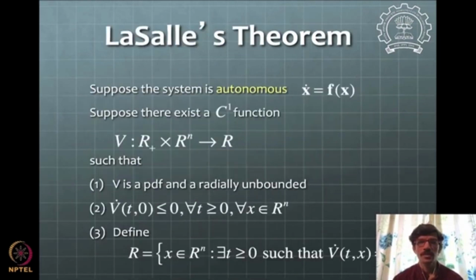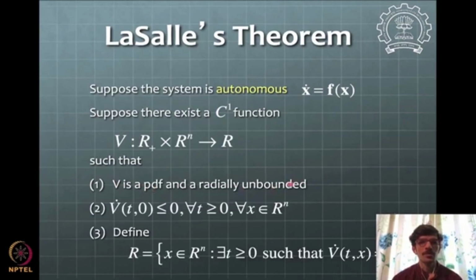What this theorem is telling us is given here. Suppose the system x dot is equal to f of x is there. Now see the t is removed here, so this system is autonomous. There is no explicit time dependence happening here. So the system is x dot equal to f of x only, and there exists this function, which is again our Lyapunov function candidate, and this V is PDF and radially unbounded.